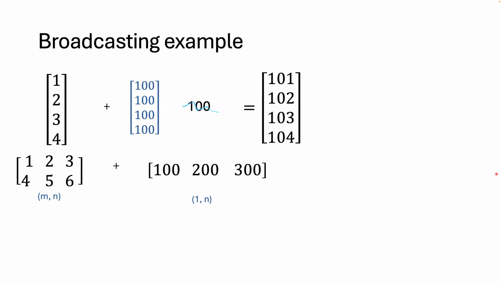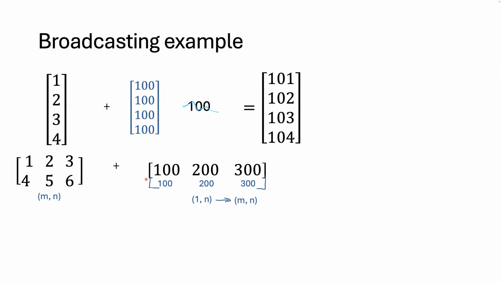Instead of 1 by 3, since we have 3 columns, it will make a copy twice until it's m by n. Since we only have 2 rows, it only does it twice. It extends this and makes a copy going downwards.